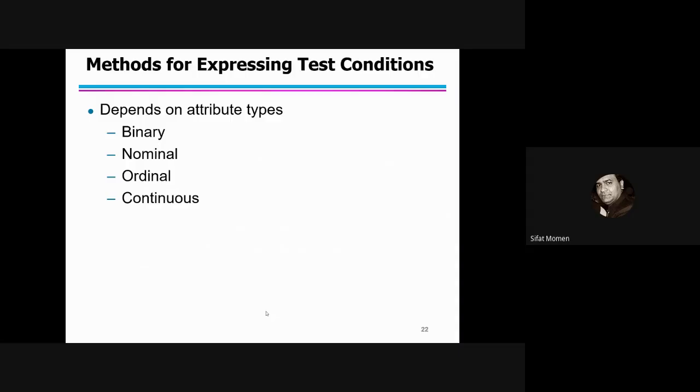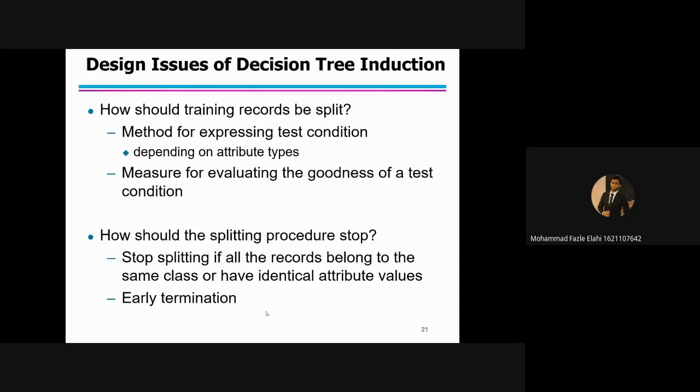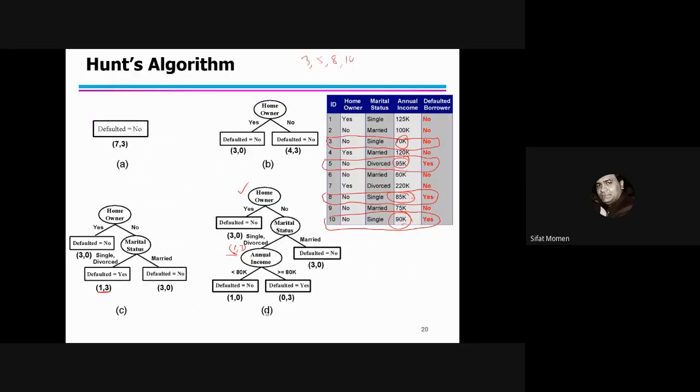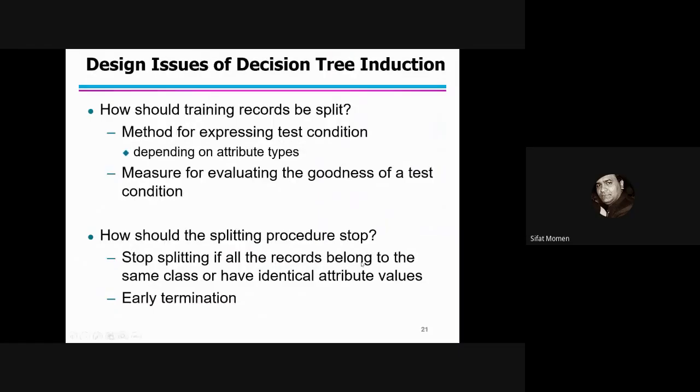Yes sir. If we don't get a default value, will the tree continue to grow? Sorry, say that again. For example, with homeowner first, when we see no for default borrower, that's the design question: do I keep growing the decision tree, or shall I stop somewhere? All these are very interesting design questions.